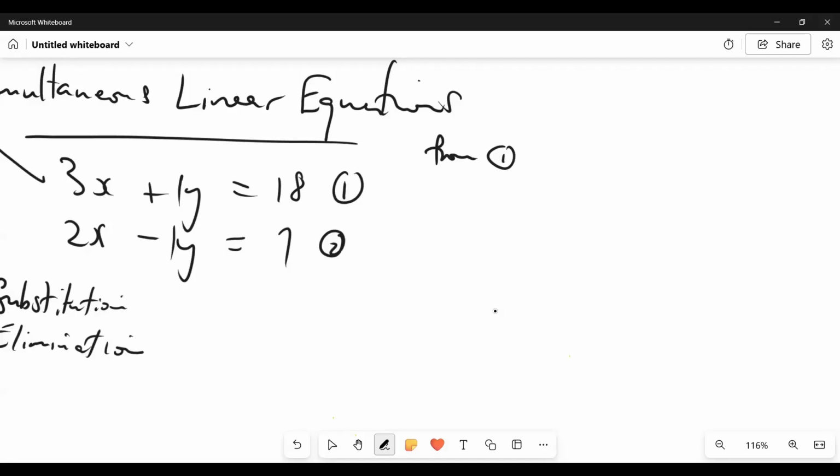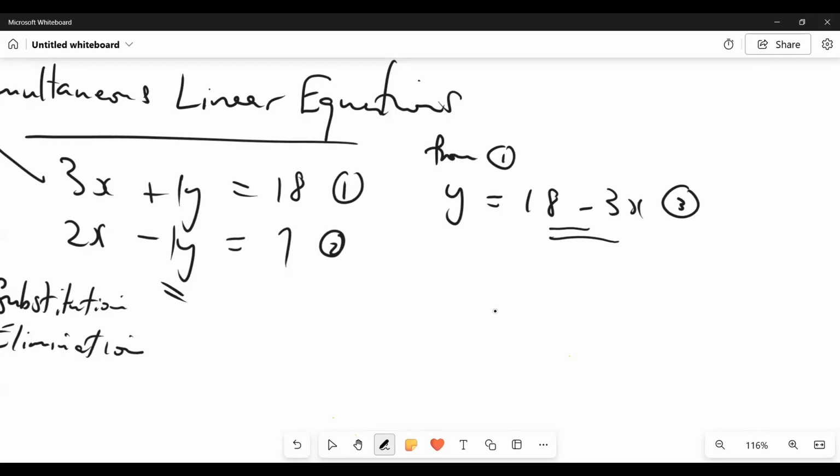And from equation 1, you can see that y will be equal to 18 minus 3x, right? And we can call this equation 3. Our next move is to take the value of y, because we found an alternative statement for y here, and we can put that here.